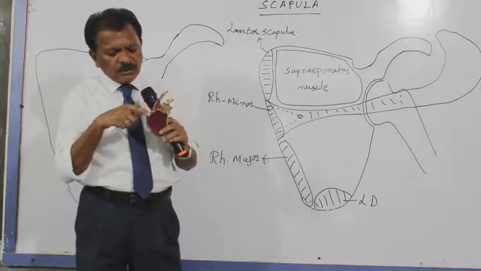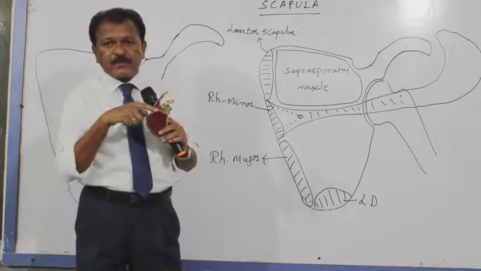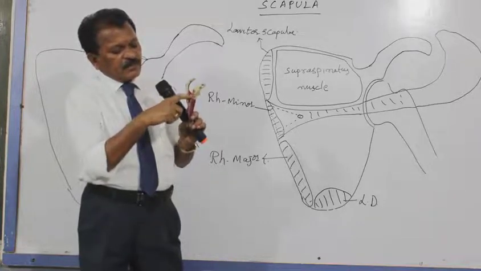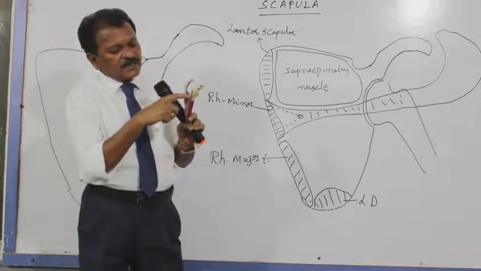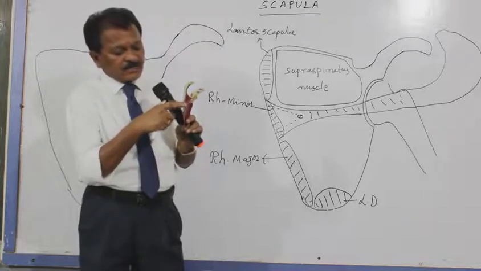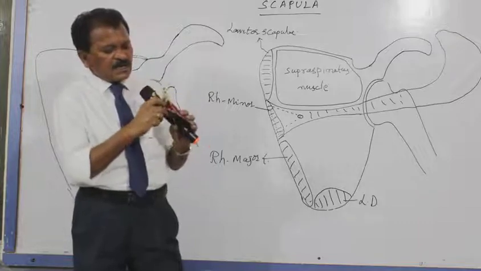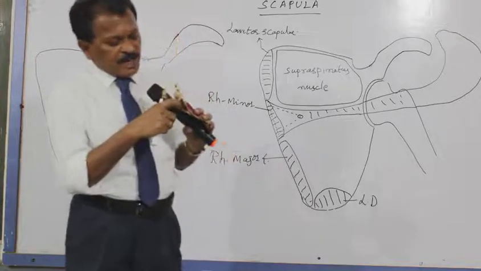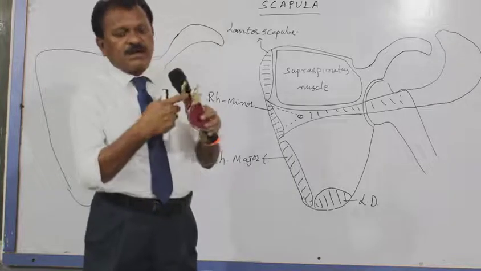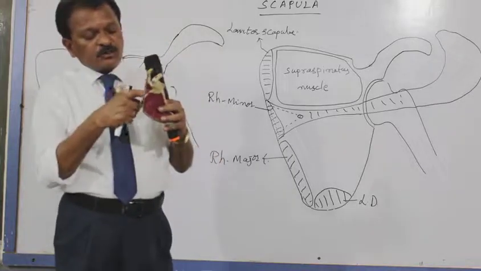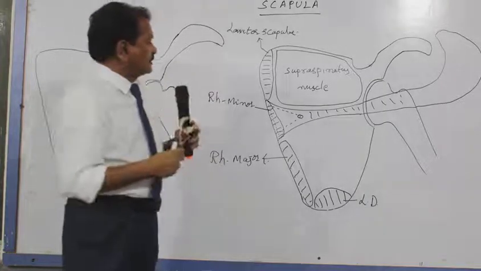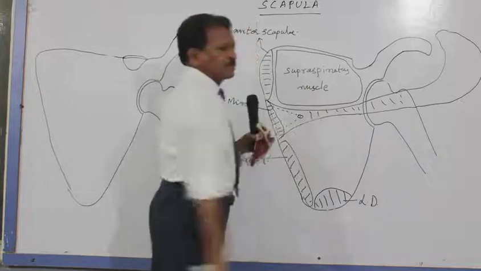Superiorly its origin is limited by the upper border, and on the medial side it is limited by the levator scapulae muscle insertion, and inferiorly its origin extends up to the superior border of the spine of the scapula. This is for the supraspinatus muscle.